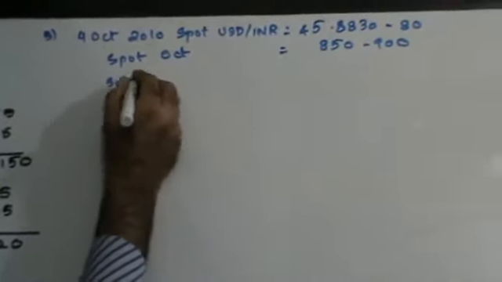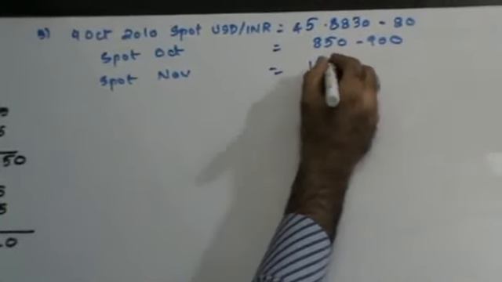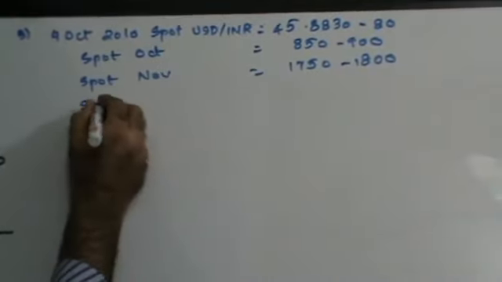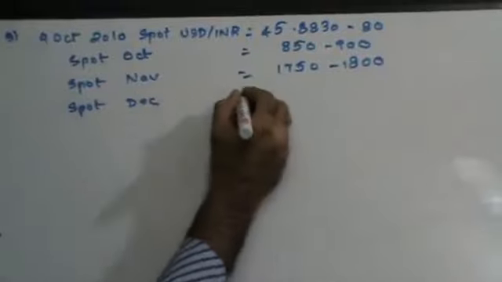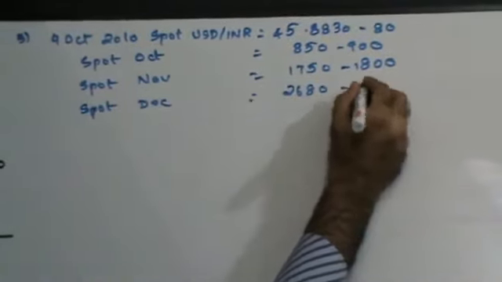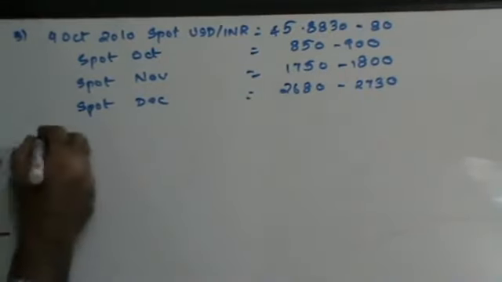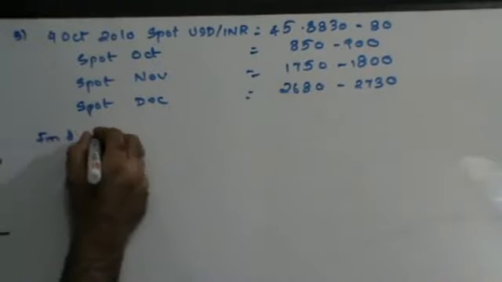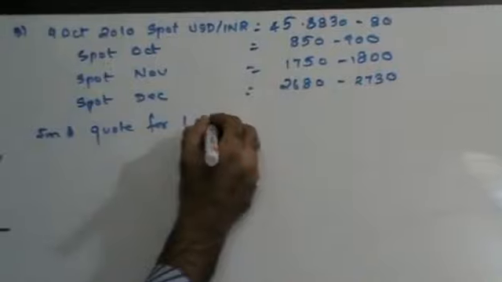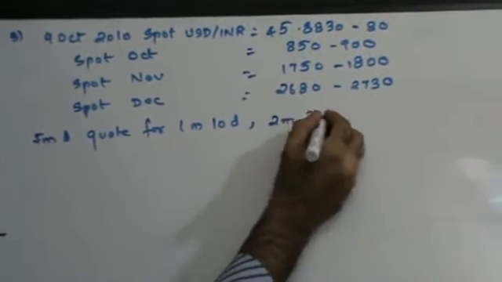Spot November is 1750 and 1800, and spot December is 2680 and 2730. Right? They've asked you to find the quote for 1 month 10 days and 2 months 3 days.